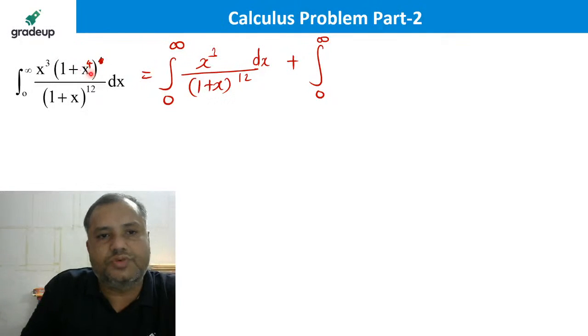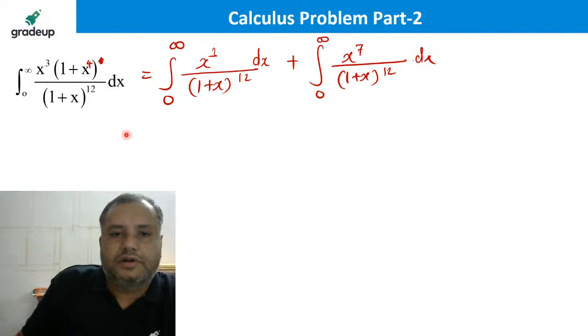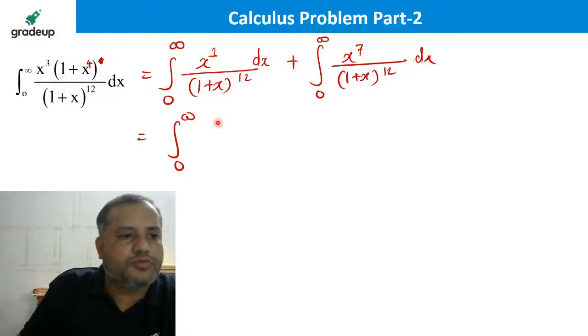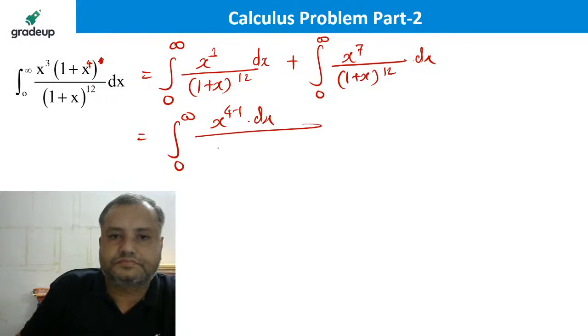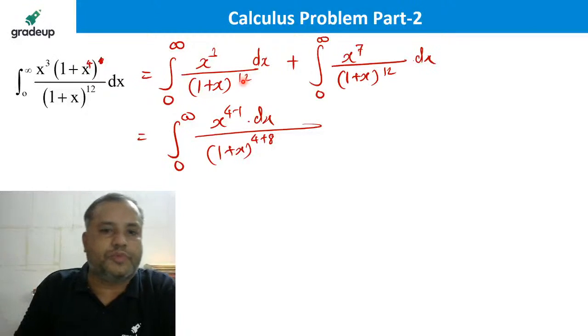Correction in this: x cube into x raised to 4 will be x raised to 7, upon 1 plus x to the power 12. Now 0 to infinity, this 3 can be written as 4 minus 1, and split this 12 into 2 parts, 4 plus 8.